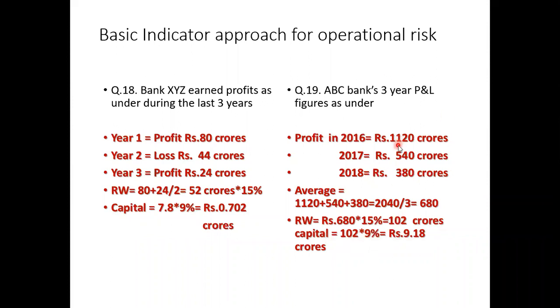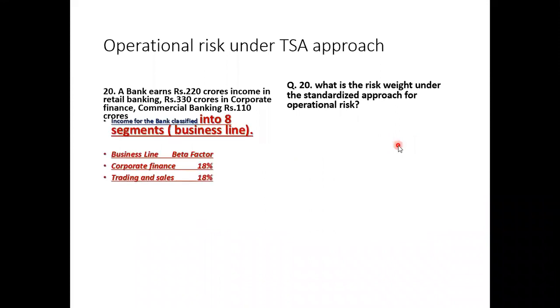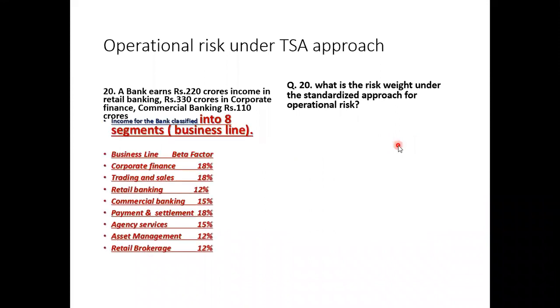Another operational risk method: the standardized approach. You see, this I am sharing with you. The bank earns 220 crores income in retail banking, 330 crores in corporate finance, commercial banking 110 crore. What is the risk weight? Now this is the standardized approach. The basic indicator approach is based on gross income or profits, but this is based on the segments of business.